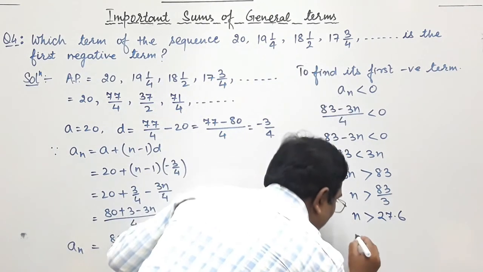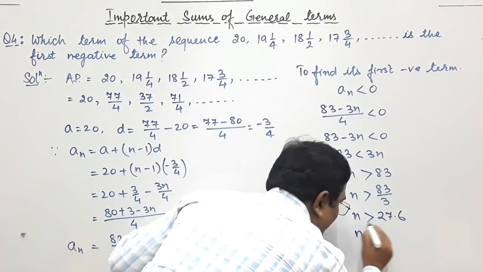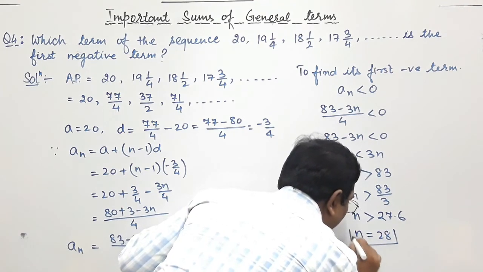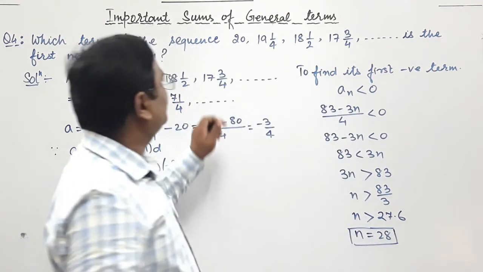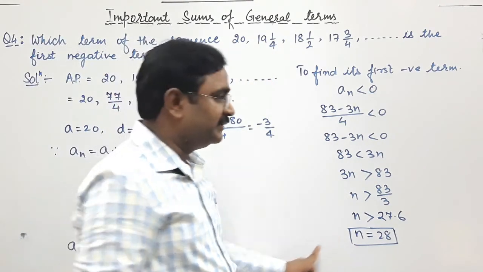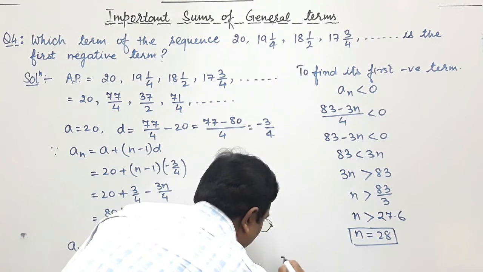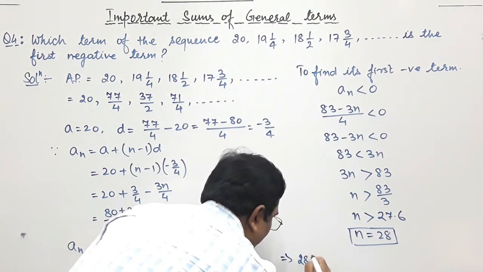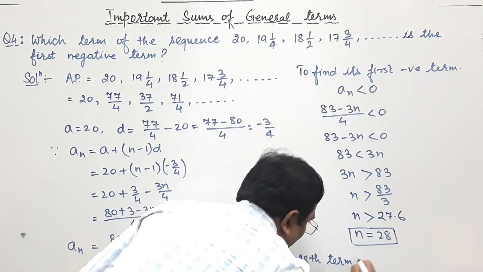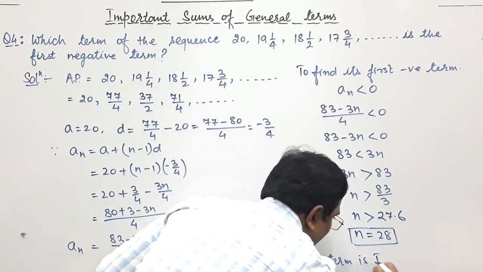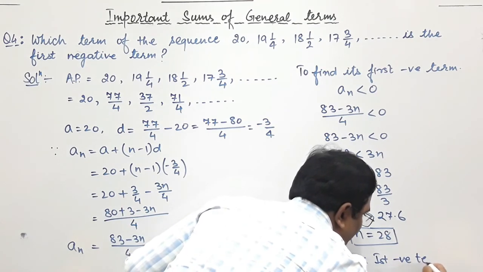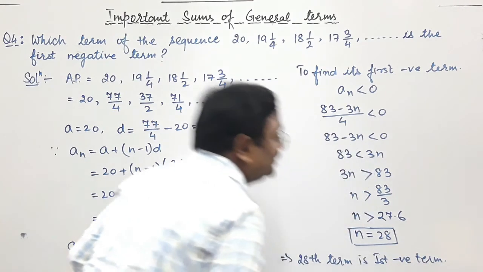It means the whole number greater than 27 is 28. It means that of this arithmetic progression, the 28th term will be the first negative term. So your answer will be the 28th term is the first negative term of this series, right?